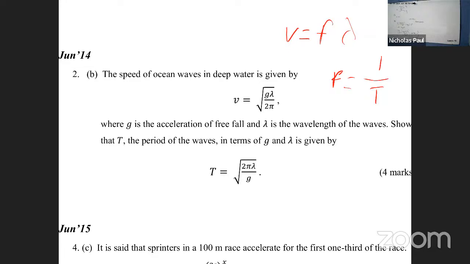It's not really dimensional, it's really just rearranged. So I make T the subject of the formula.